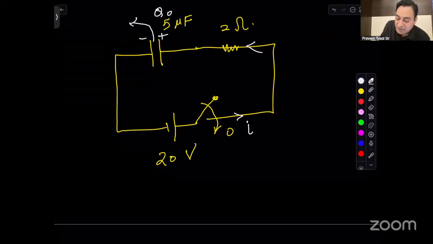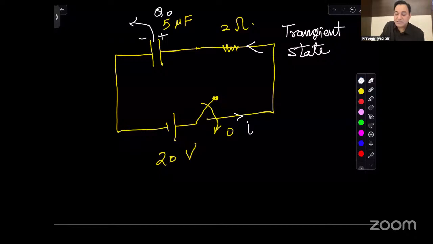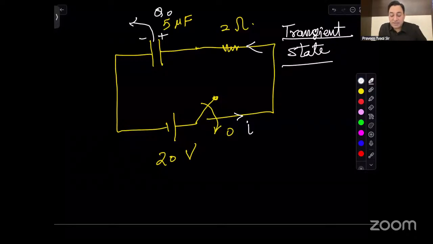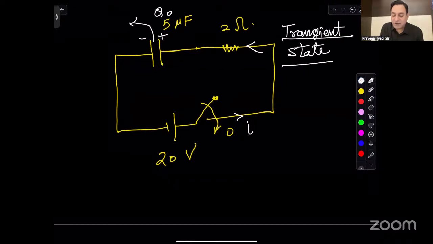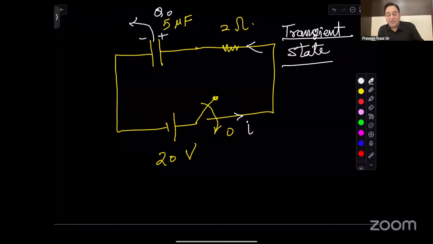The stage when current was flowing and the capacitor was getting charged is called the transient state. In the transient stage, the moment you switch on the battery, current starts flowing and the capacitor starts getting charged, and finally it reaches a maximum charge, after which no current flows.